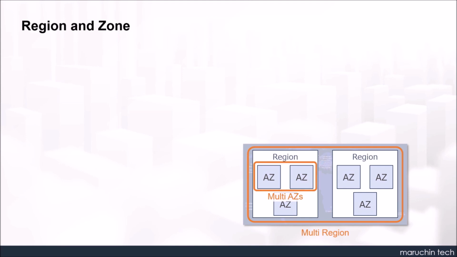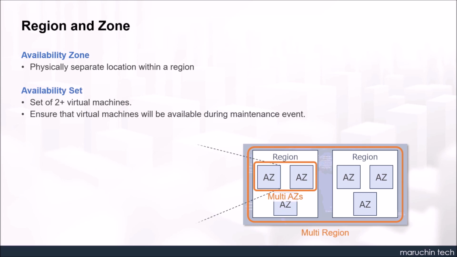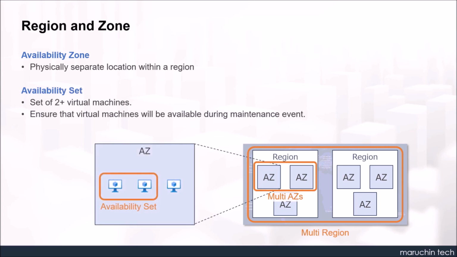And next is availability zone. Availability zones are logical data centers within each region. There are 3 or more AZs within a single region. An availability set is a set of server racks that are set up for redundancy within a single data center.